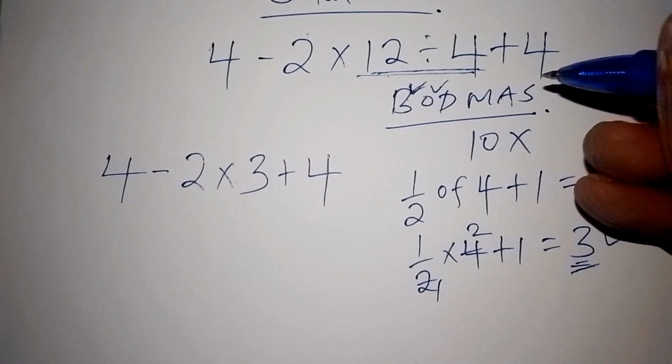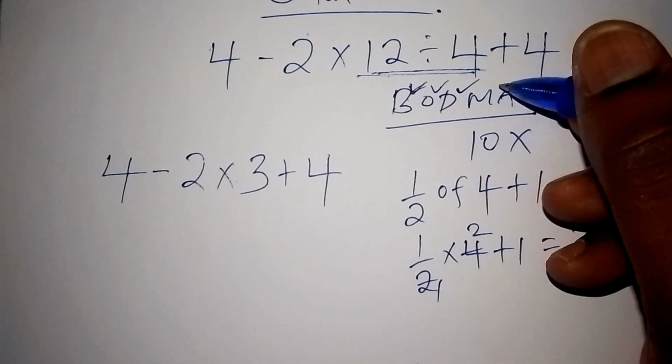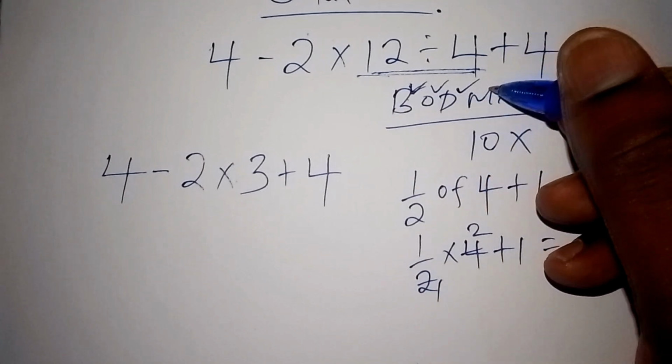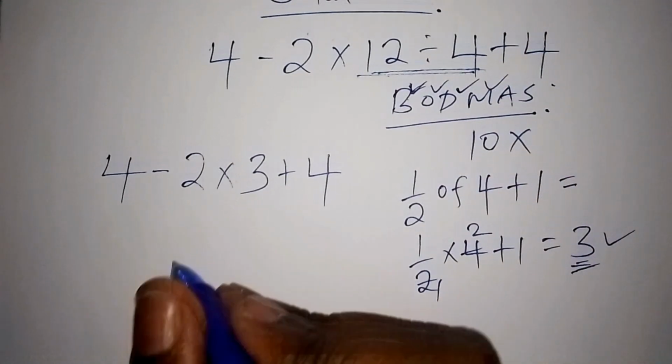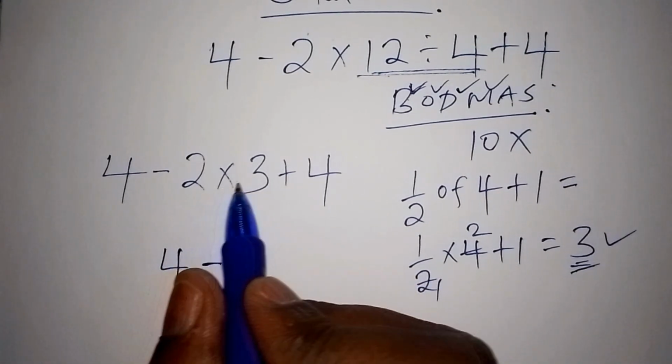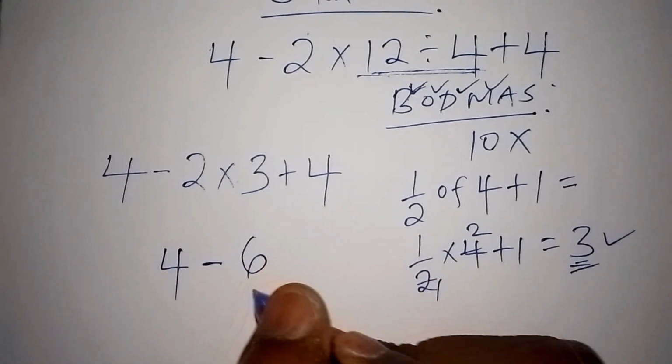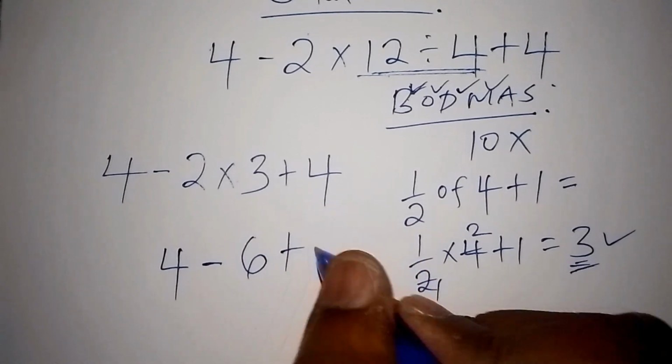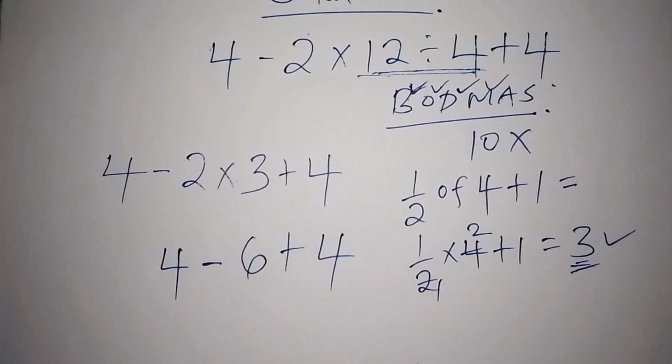The next step, we've worked out the division. Now we are moving to the multiplication, where we shall have 4 minus 2 multiplied by 3. Now we shall have 6, then finally 6 plus 4.